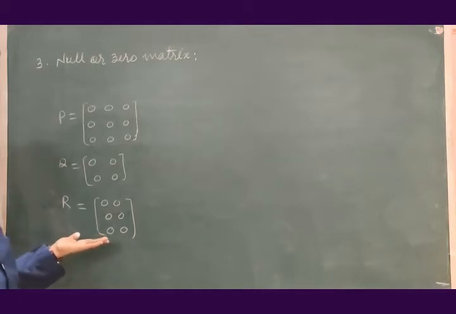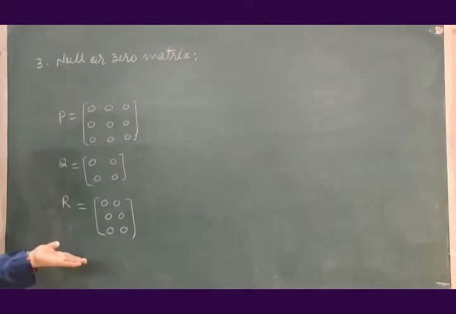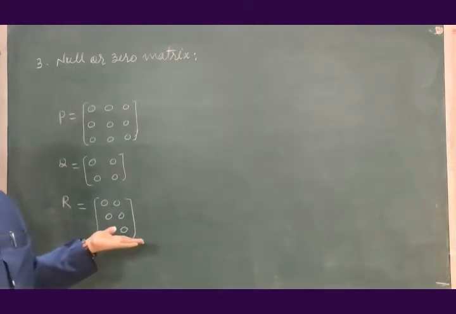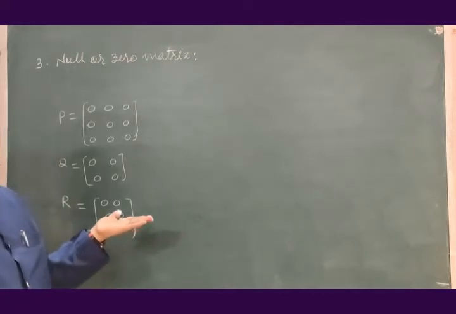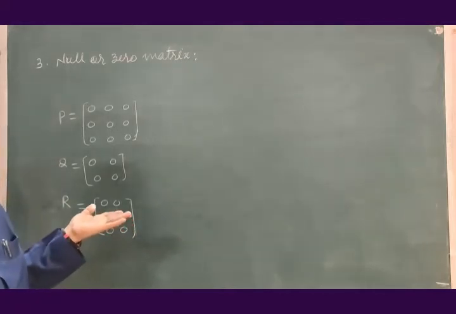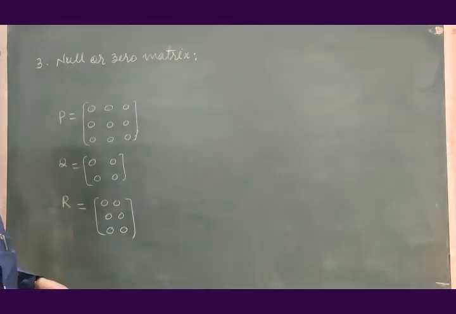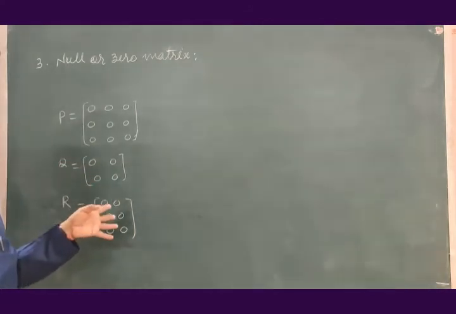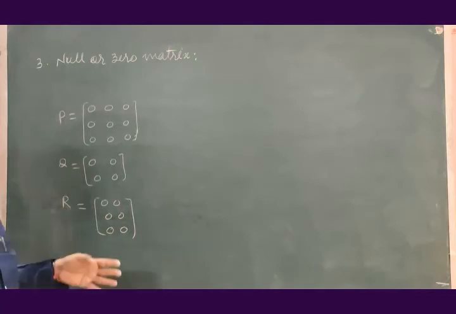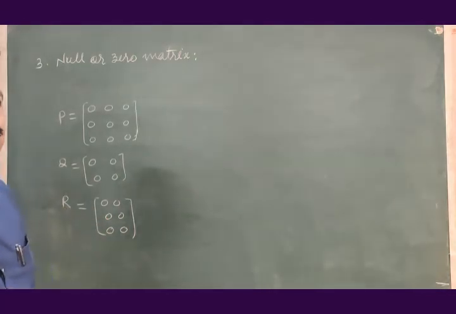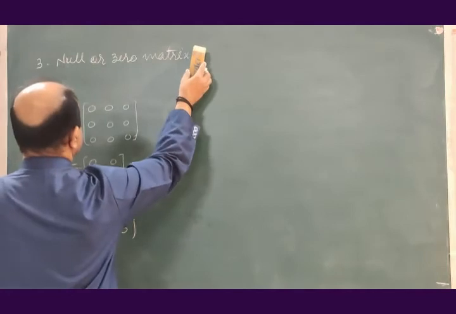And what is the order? The order of this matrix is 3 by 2. P, Q and R are all null matrices or 0 matrices. Then let us go to the fourth type.